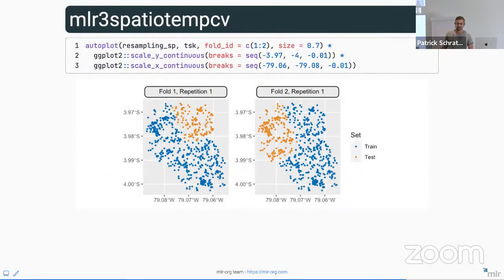If you have a resampling created in a spatial sense, you can visualize it. So we have the autoplot function, and you give it the resampling and the task, and then you can subset the fold ID and specify the point size. The second and third lines here are just so that we have nicely formatted X and Y axes with respect to the coordinates.